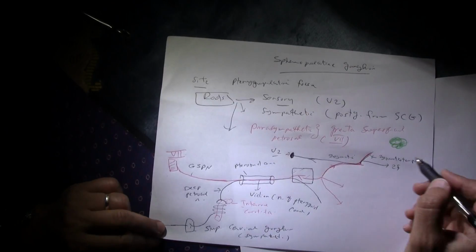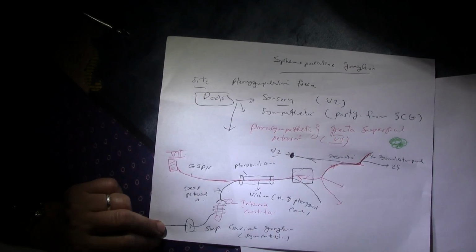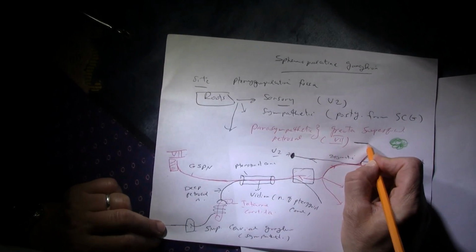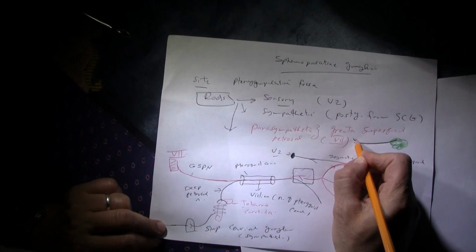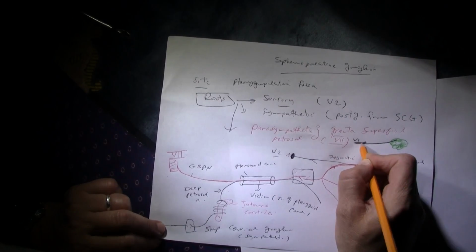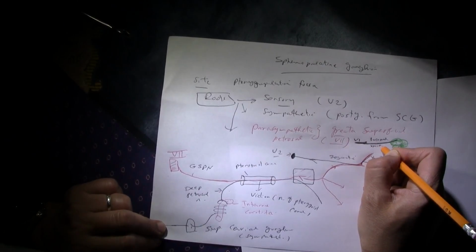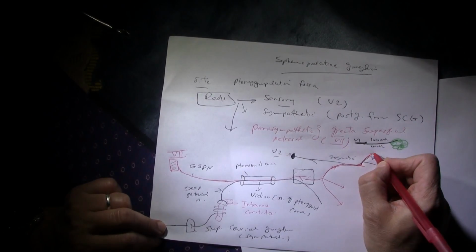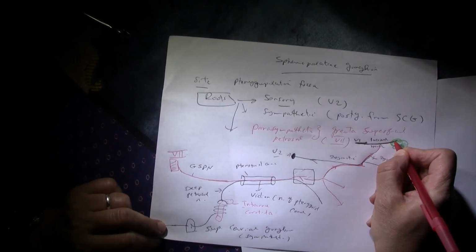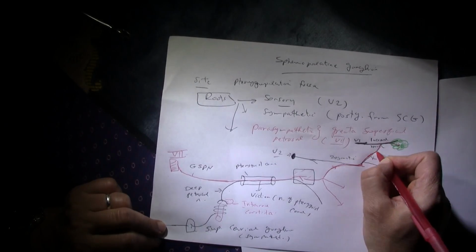lacrimal gland. The closest nerve to this gland is the lacrimal branch of ophthalmic. Here is V1 giving this lacrimal branch. So the parasympathetic continues through the lacrimal branch until it reaches the gland.